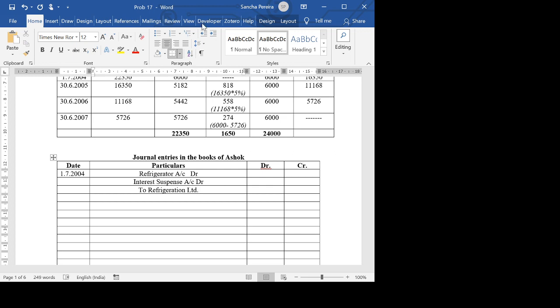Okay. Now be careful when you're putting the amounts. The asset is always recorded at the cash price. The cash price here is 22,350. Interest suspense account is for the total interest, 1650, and refrigeration is for the total price. The total price you end up paying, because you have taken it on installment system, is 24,000.